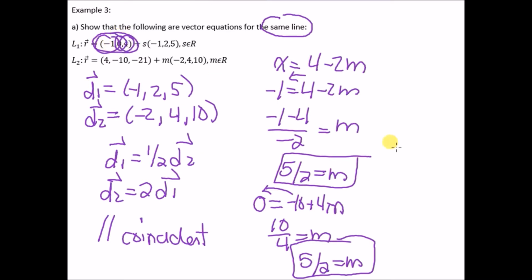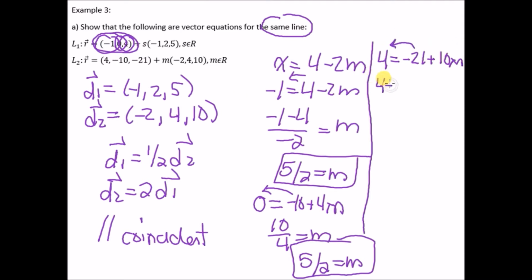Now, let's test the 4. I'm just going to squeeze this in here. 4 equals, so for the z components, we get negative 21 plus 10m. Let's bring that negative 21 over.